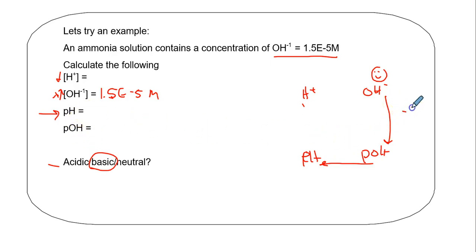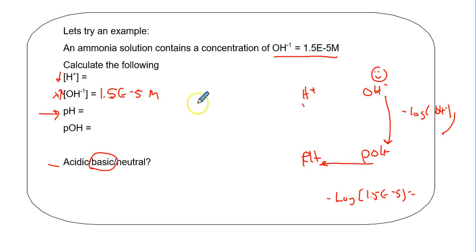So this is going to be negative log of the concentration of OH ions equals the pOH. So it's going to be 10 to the negative, oh, no, I don't know why I said that, negative log of the concentration of 1.5 e to the negative fifth equals 4.8.